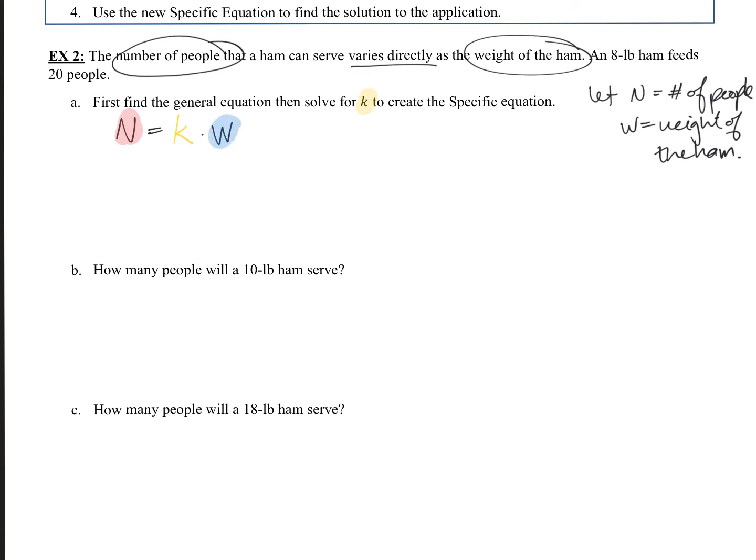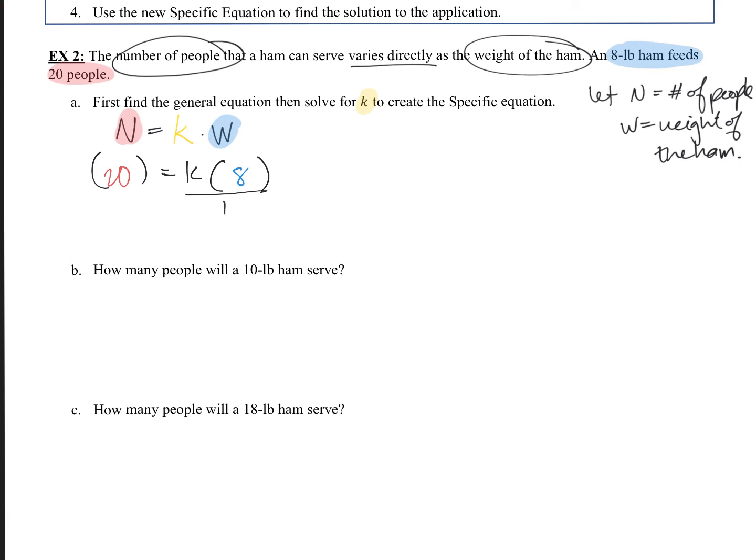Well, notice they give me two values. They say an 8-pound ham, so the weight, the 8-pound ham feeds 20 people. All right, let's go ahead and use these so I can solve for k. So we're looking at 20 people and a weight of 8 pounds.